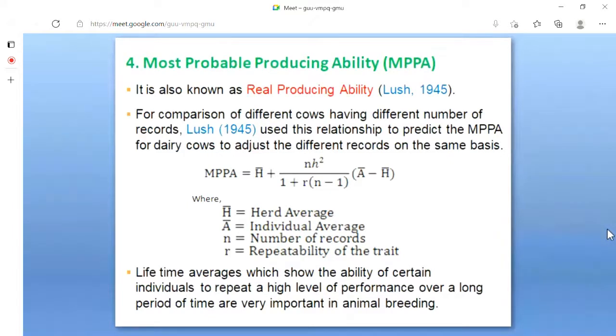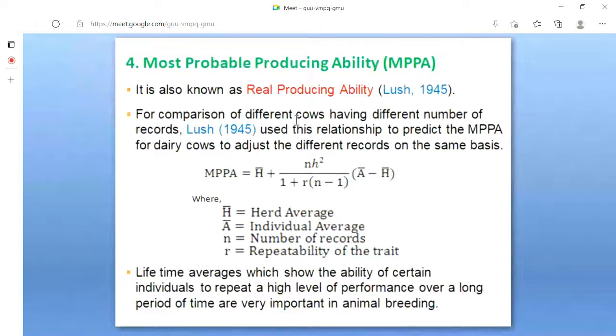So here, H bar is the herd average, then the individual average, the number of records, and the repeatability of the trait, R. So the lifetime average, which shows the ability of certain individuals to repeat a high level of performance over a long period of time, is very important in animal breeding.